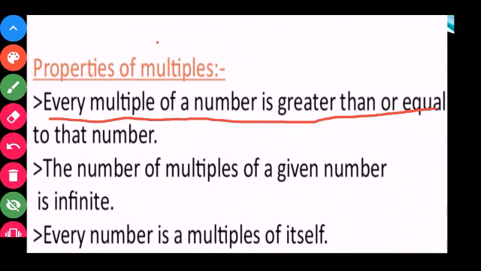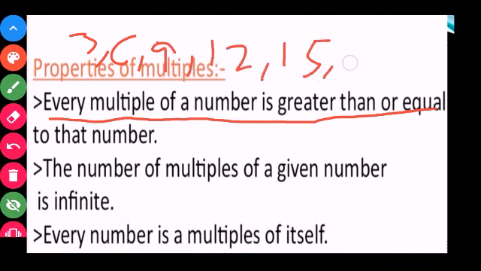For example, multiples of 3 are 3, 6, 9, 12, 15 and so on. Here all multiples are greater than or equal to 3.